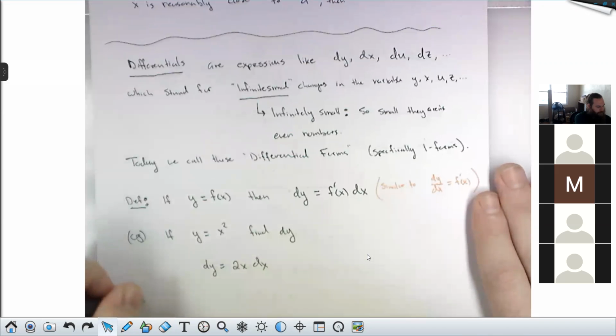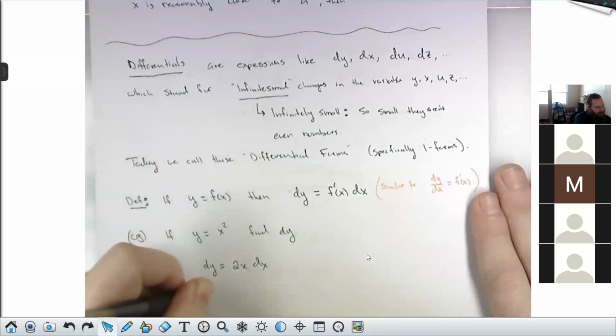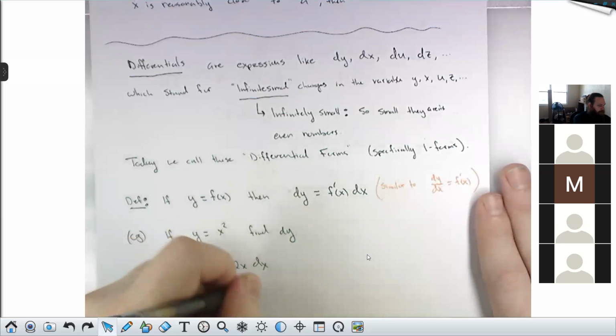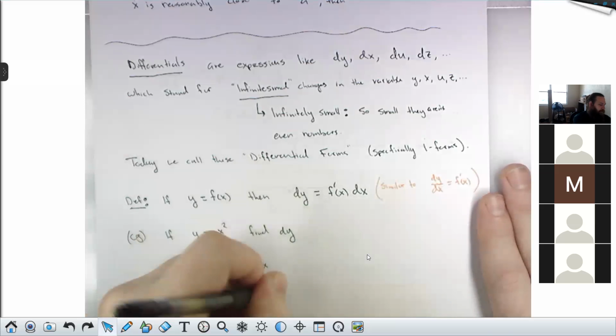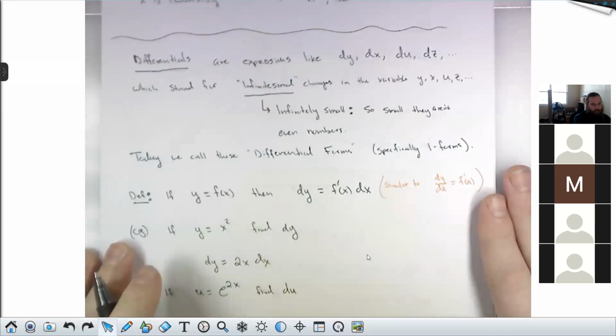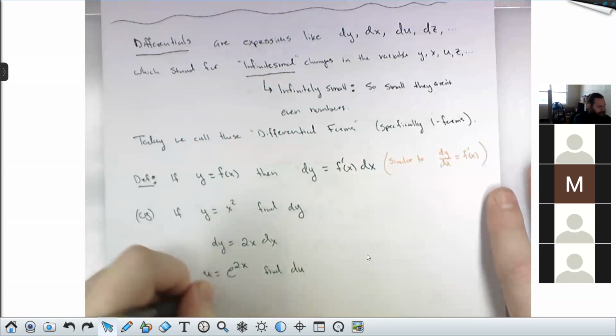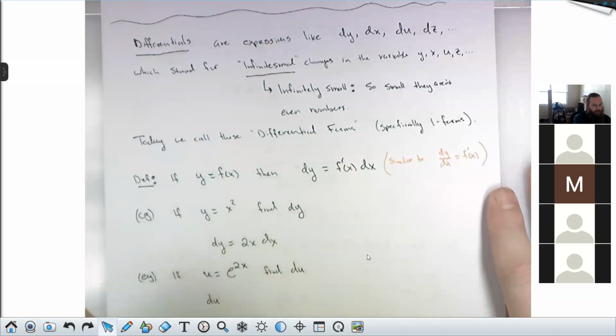Or if u is equal to e to the 2x, find du. Well, if I want to find du, I need to differentiate. So du should be equal to the derivative of this function times dx.